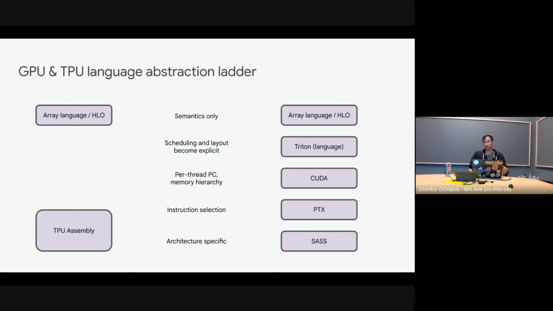And the Jax team, in collaboration with XLA TPU, have developed Mosaic, which is essentially a Triton on TPUs. You can see that it's not perfectly aligned with Triton's abstraction level, because in some ways it's higher level, in some ways it's lower level. Happy to go into the details later, but it is this tile level programming language where some of the hardware details are exposed, but some of them are still hidden. So you're not directly writing assembly, but you do have to think about some things more explicitly.